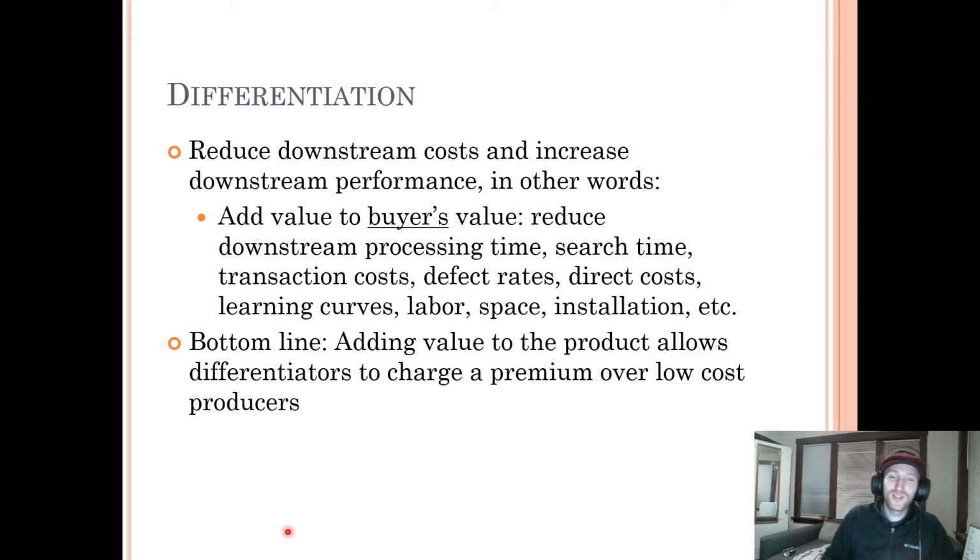Okay? Or maybe they're saving on labor or space or installation time or what have you. All of those are contributing to the buyer's value, this value proposition that your company is providing. All right? Hence, that might increase their willingness to purchase your product. Right? So bottom line, adding value to a product allows differentiators to charge a premium over low-cost producers.